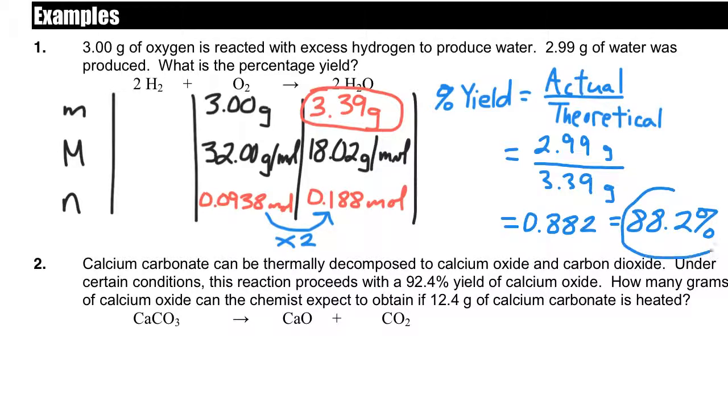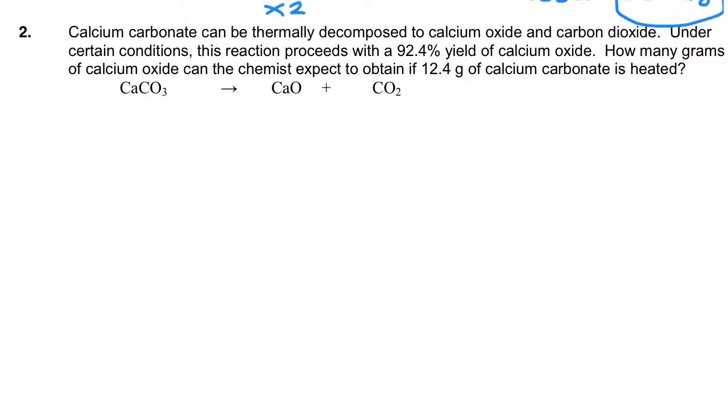So what this means is I have produced 88.2% of the value that I was expecting. And again, there could be a lot of reasons why my percent yield is lower than I expected, but you really just have to think about your specific case to find out what you think was the issue. So let's do the last example here.